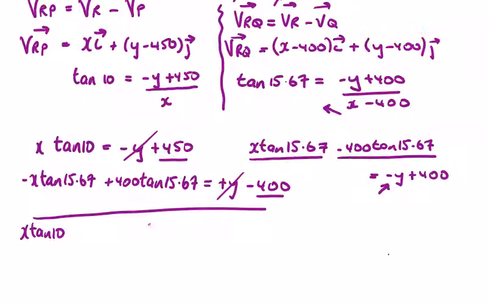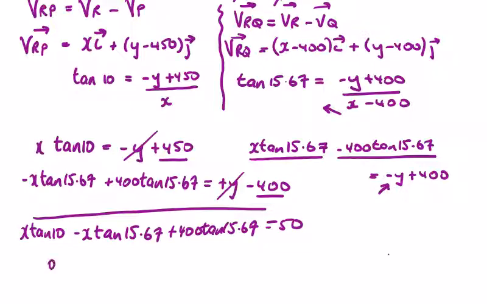Just going to shift this over a bit. x tan 10 minus x tan 15.67 plus 400 tan 15.67 equals 50. So let's tidy this up.